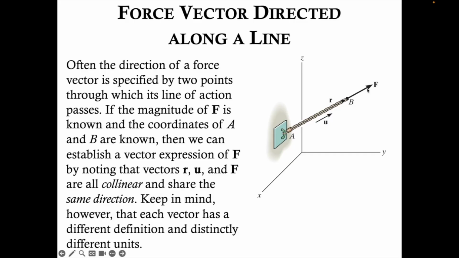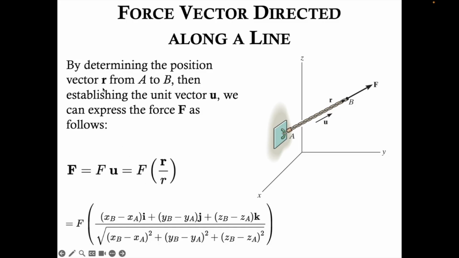And vector F is also along that same direction, same line of action for all three of these vectors, where vector F, as we know, would have units of force. Keep in mind, however, as we just mentioned, that each vector R, U, and F has a different definition and distinctly different units. By determining the position vector R from A to B, then establishing the unit vector U, we can express the force F as follows.